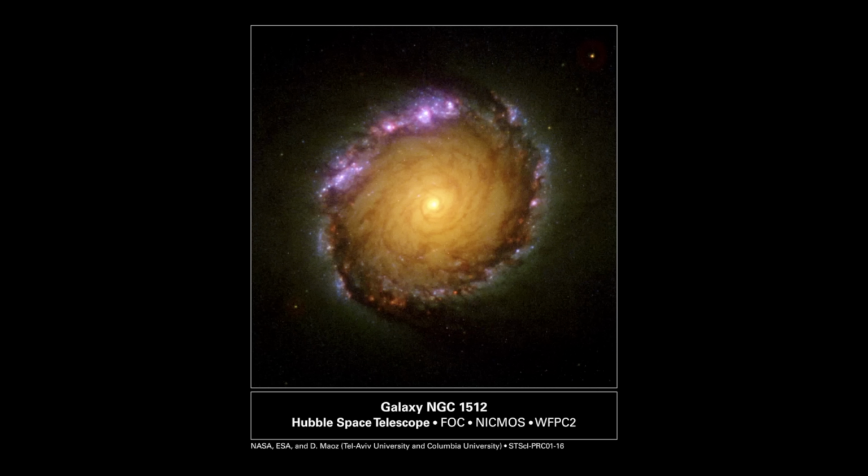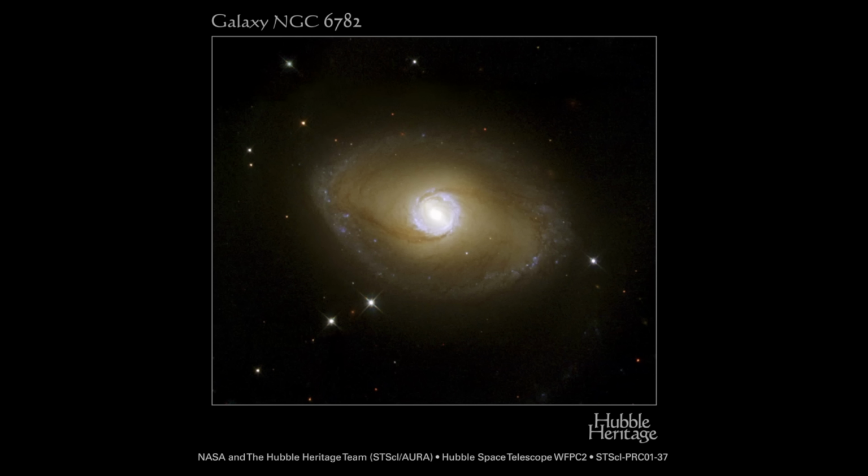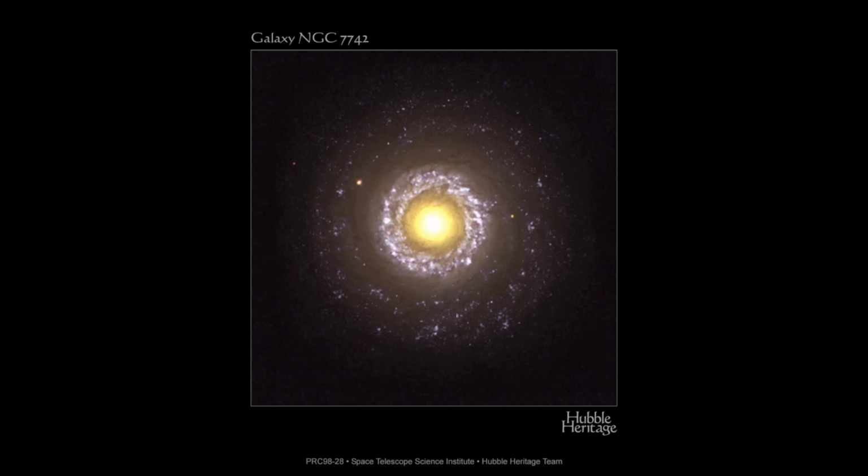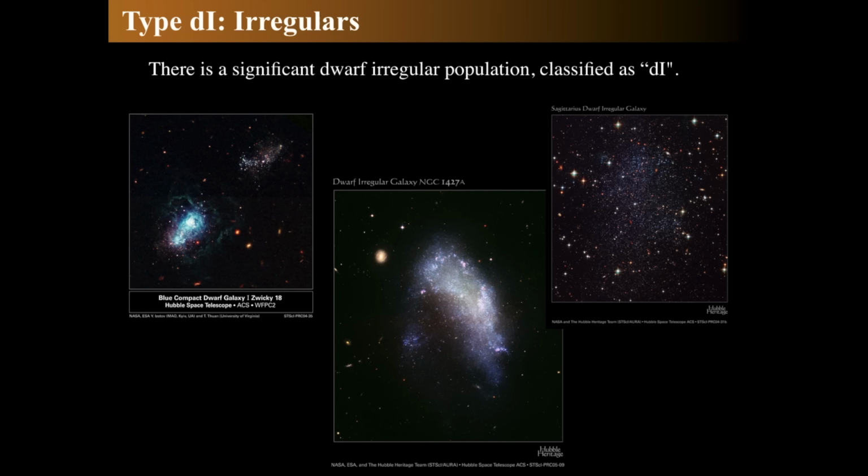There's another one, the center of NGC 1512, which is a ring-like structure. This galaxy has a bar, and then that bar has a ring, and so it's kind of a double-ringed galaxy, so we'll call this an irregular. Another irregular ring structure. And then you get the really strange ones, which are the dwarf irregulars, which are just complete little tiny train wrecks.